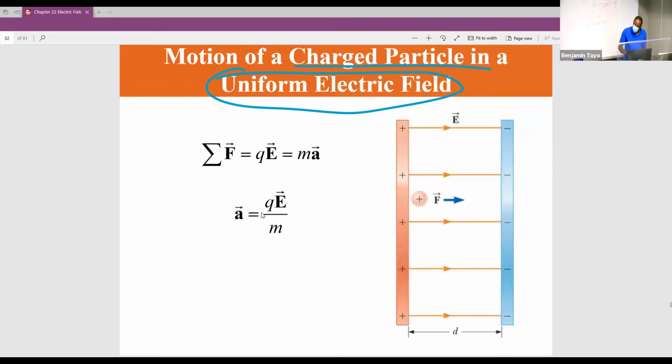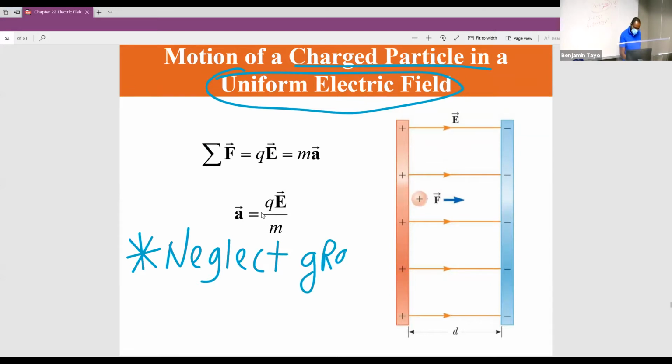And as I said, when we solve this type of problem, we're just going to completely neglect gravity. So for now, we just assume that gravity is not contributing anything.